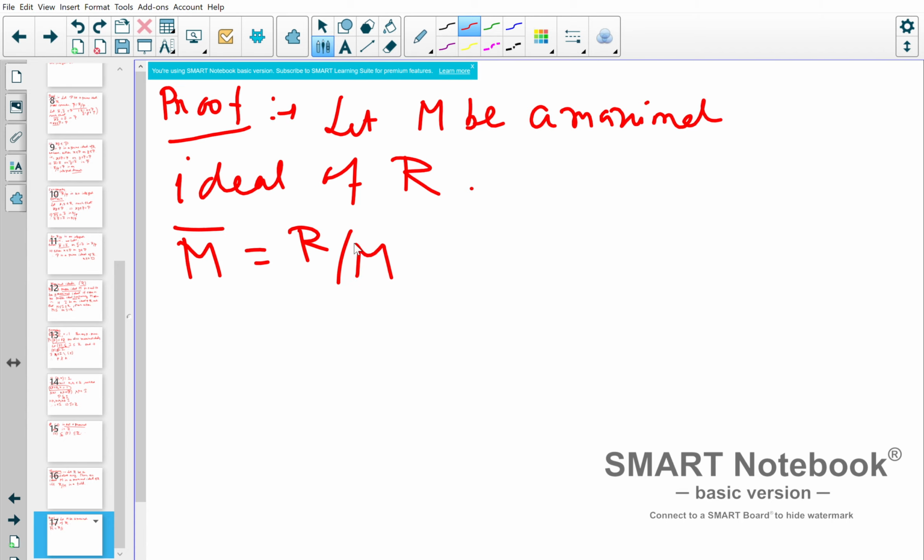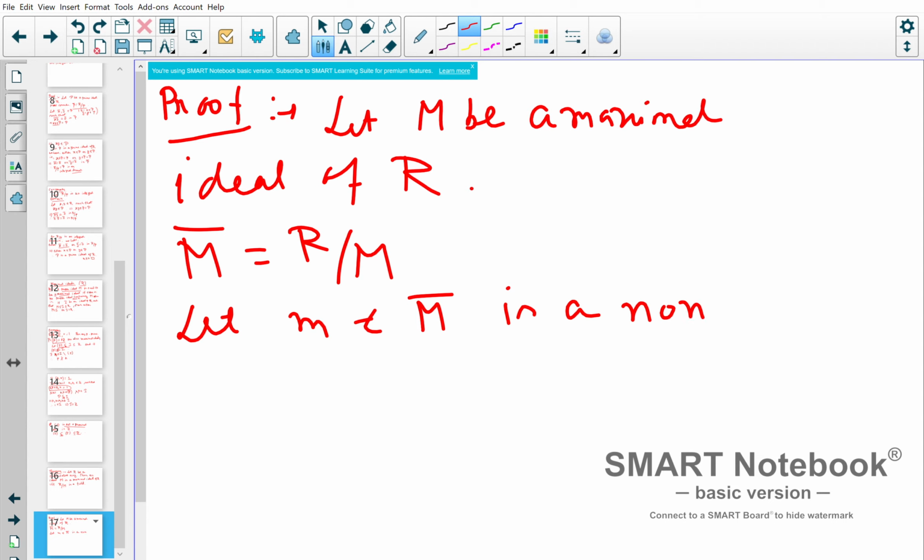I need to find out the field. So I have to choose a non-zero element and prove that it is an invertible element, right? So the inverse exists. So let some m belonging to M bar be a non-zero element.